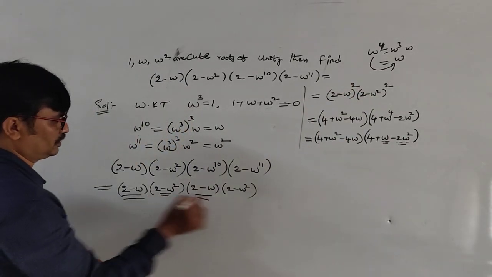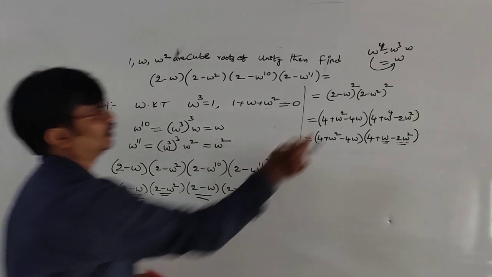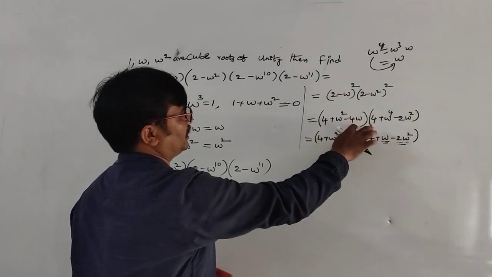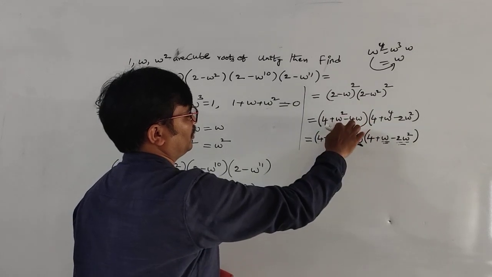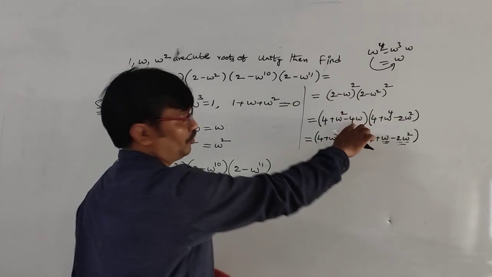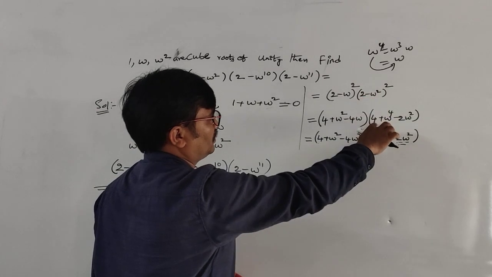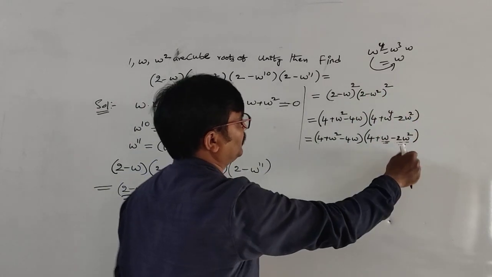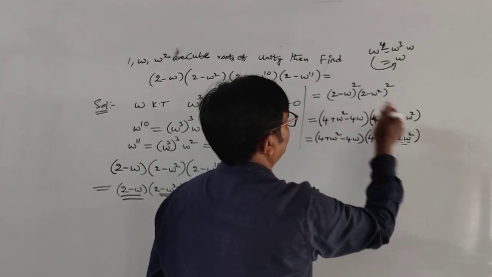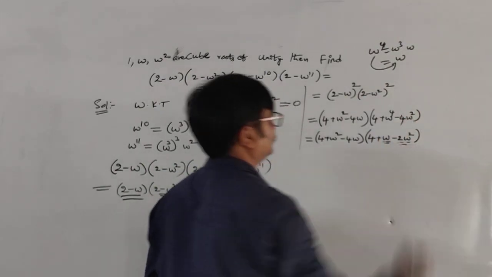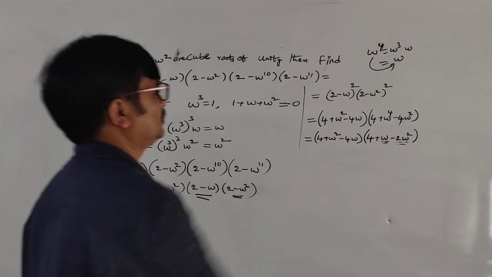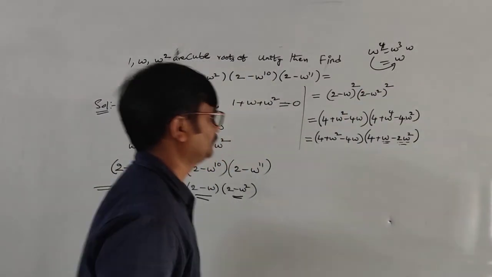So this is first and second and last, 2 minus omega square whole square: a square, b square, minus 2ab. 4 plus omega square minus 2ab, 4 omega. a square is 4, b square is omega power 4, minus 2ab. Okay students, minus 2ab is minus 4 omega square.